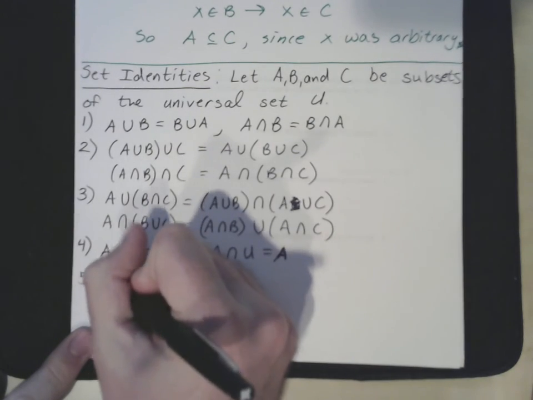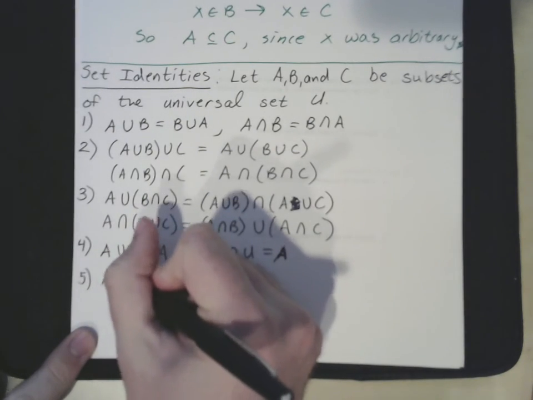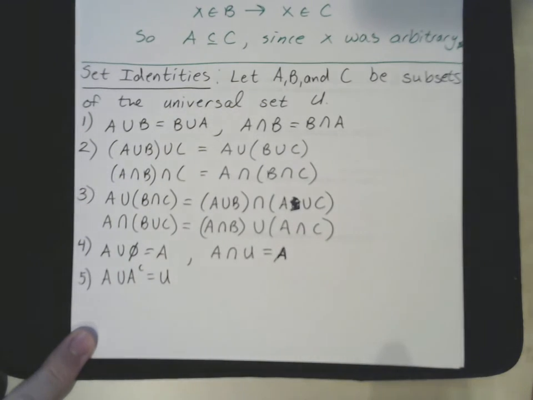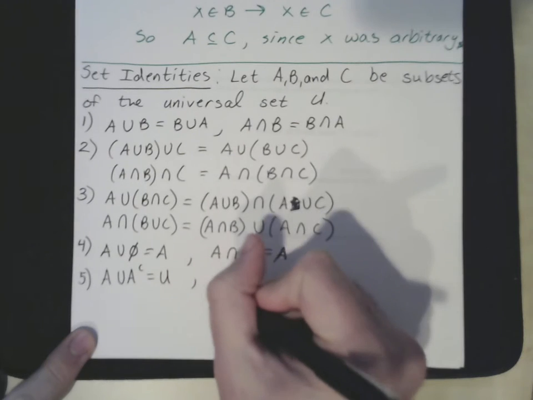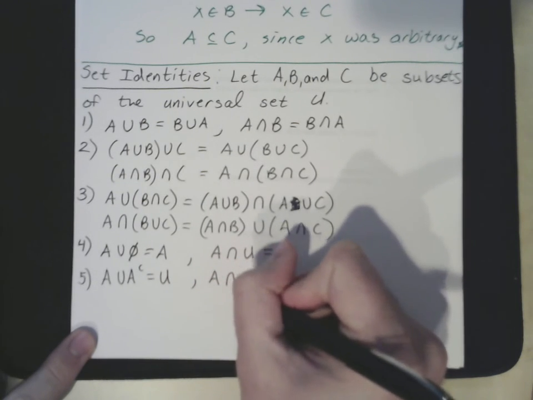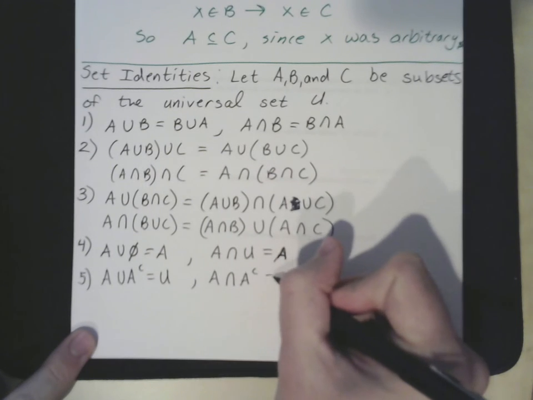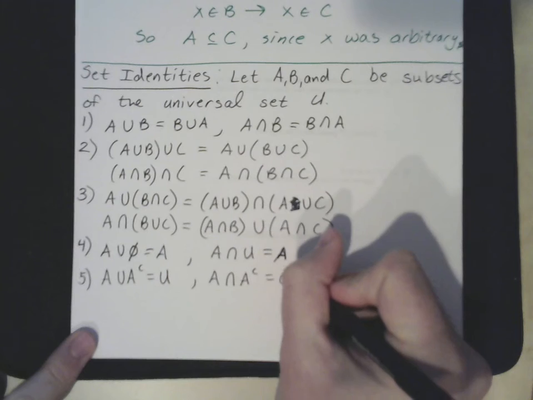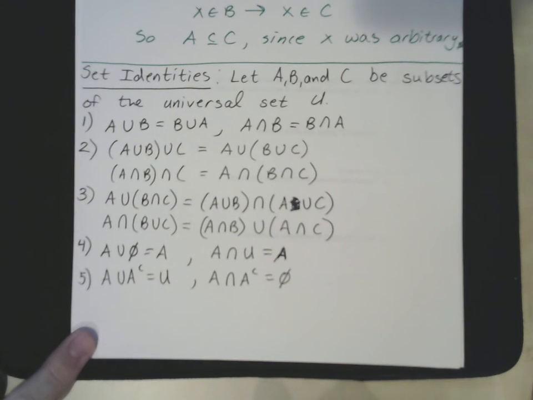The next one we saw is A union A complement. This is going to equal our universal set, and its partner identity is A intersect A complement. Well, if you take everything that's in A and you intersect it with everything that's not in A, you're left with nothing, the empty set.